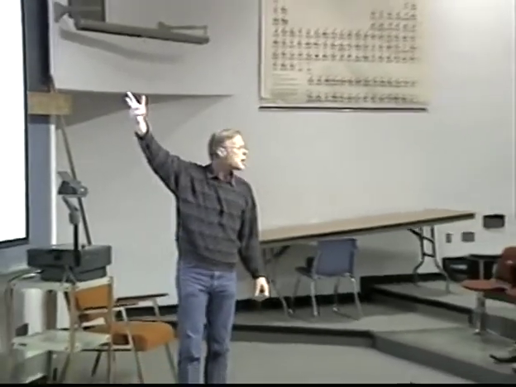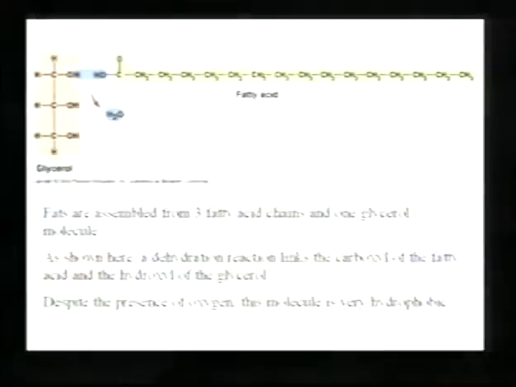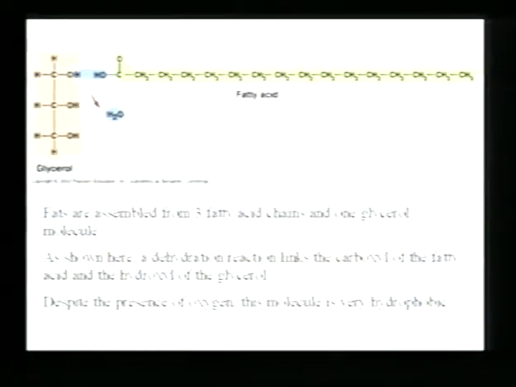You take 3 fatty acid chains and stick them onto those OHs of the glycerol, and you have a fat. That's a fat molecule. There is some oxygen in there, which you'd think might make it a little bit polar, but it really isn't. That oxygen is so sequestered away from interaction with water that it just can't do it. So this is a very hydrophobic molecule. So here is a fat.